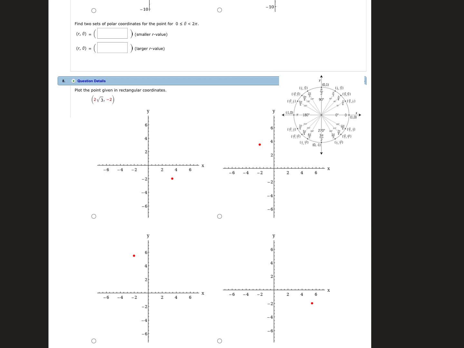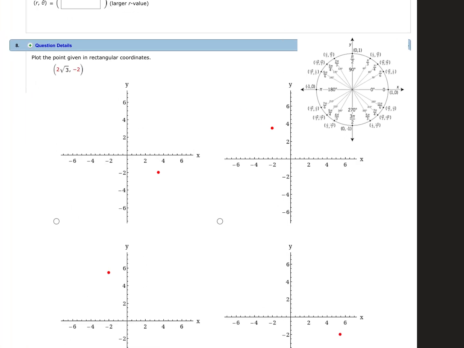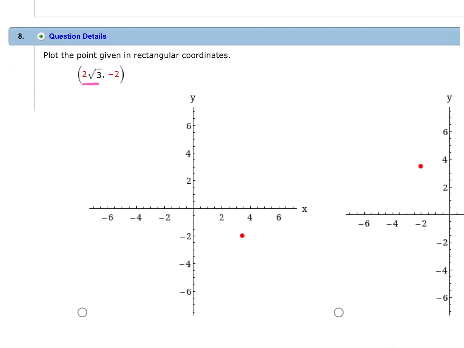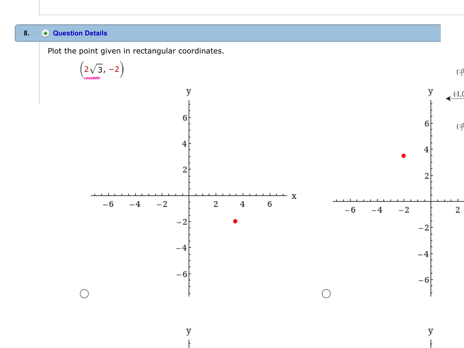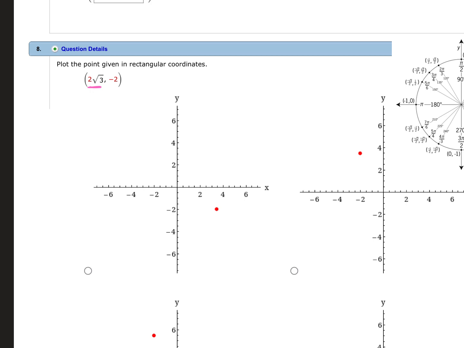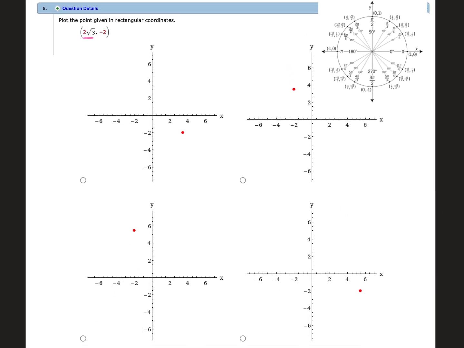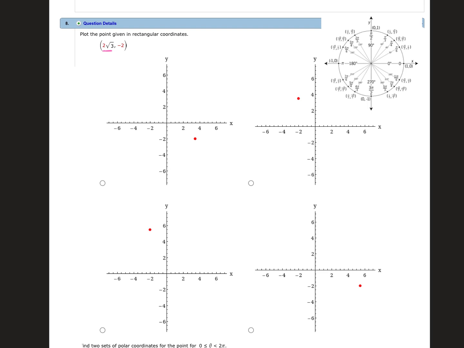So we want to plot the given point in rectangular coordinates. It may be hard to see where 2 square root 3 is, but just figure out which quadrant you should be in. So we're going to go to the right 2 square root 3, and down 2. So that's actually 2 points that end up in that spot. Let's figure out what 2 square root 3 is. What's square root 3 about? 1.5.